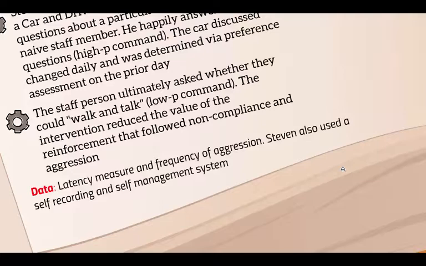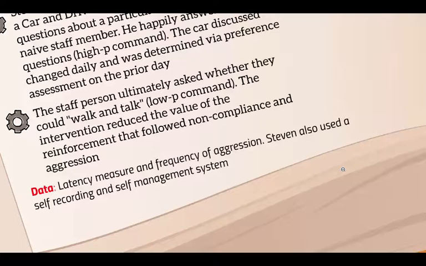So the data collected, we did a latency measure. Remember I told you in previous conversations and modules that a latency is the time between the presentation of a stimulus and the opportunity to do something, and then the person's actual follow-through.